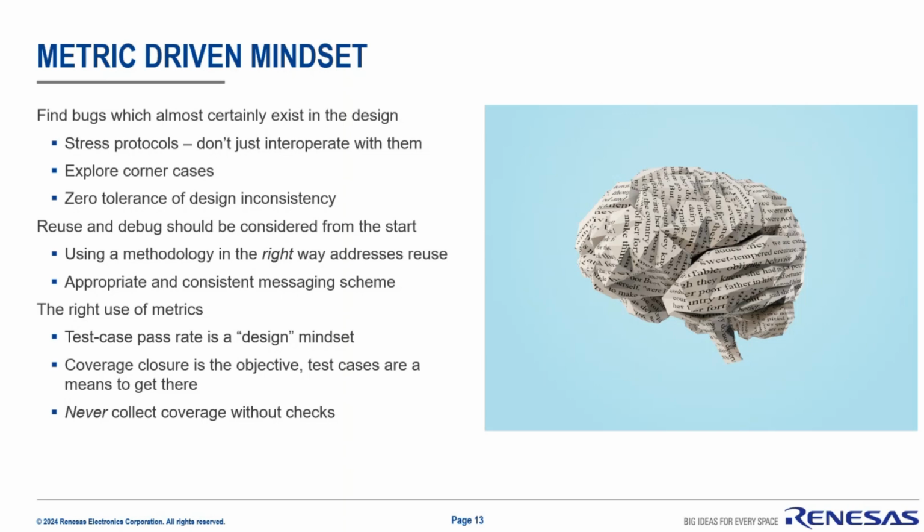And also in terms of the mindset, the metric-driven mindset is not to think about, well, we need to get all these test cases to pass. We need to find some bugs in this design, which are almost certainly going to be in there. We never see any bug-free designs. In fact, I've got a little file of bug escapes, bugs that were found post silicon or close to tape out, and almost all of them you could categorize as being due to over constraints in the verification environment.